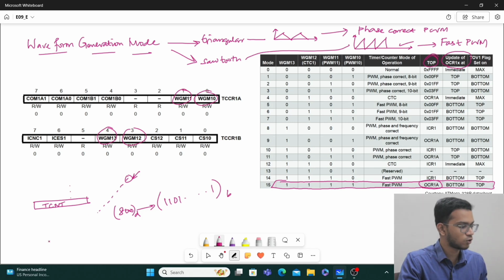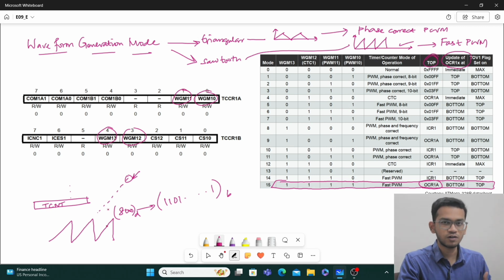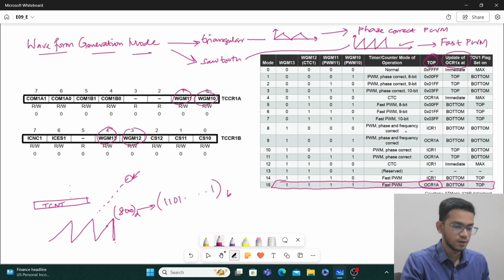But while it is counting up and again resetting, and if I'm updating the value somewhere here, when will it be reflected? It will be reflected only the next time when this is reset to 0. That's what he's saying, that update of the OCR1A value is at bottom. So whenever it reaches bottom, only then is this value updated. This is what he's trying to tell.